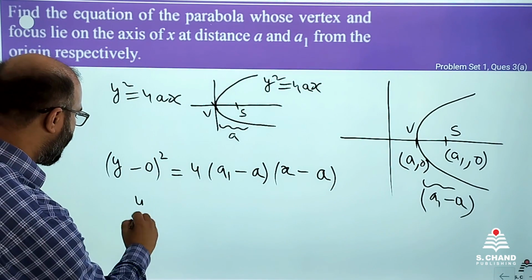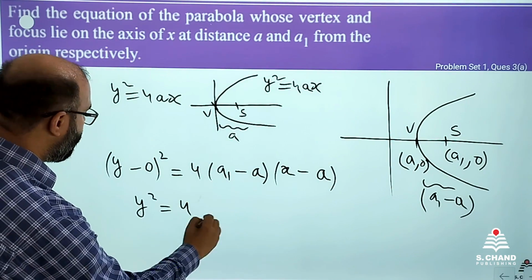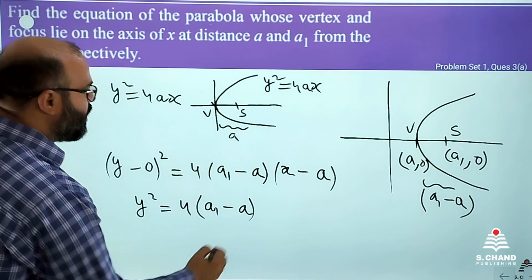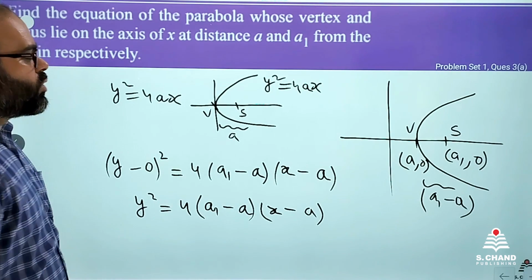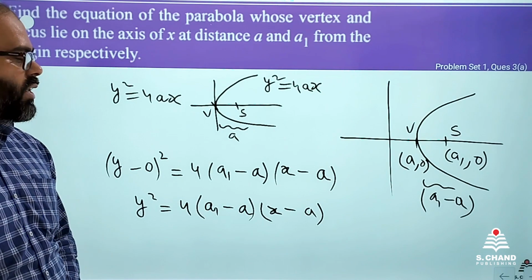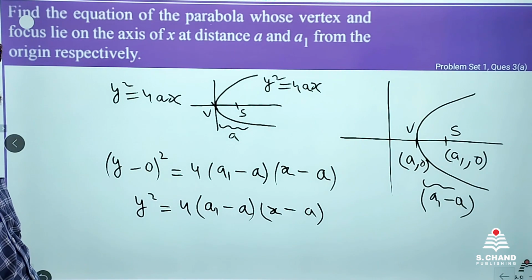So finally it will be y square is equal to 4 into a1 minus a into x minus a. This is how we can write the equation of this parabola.